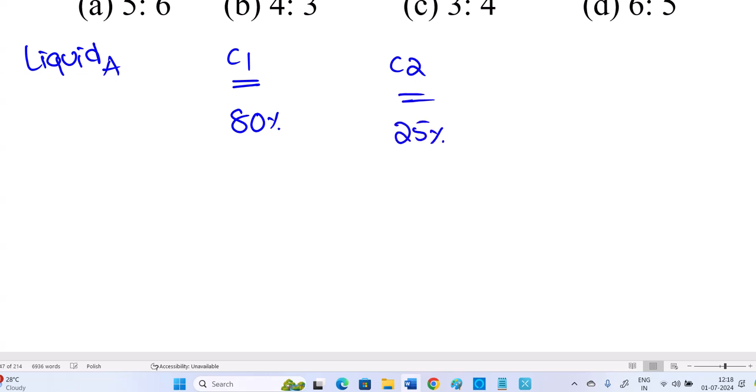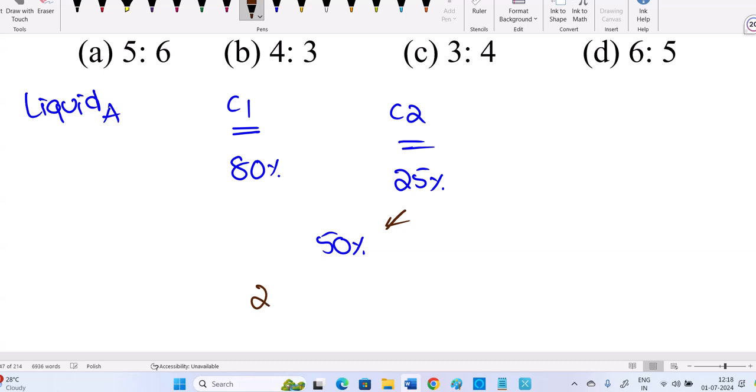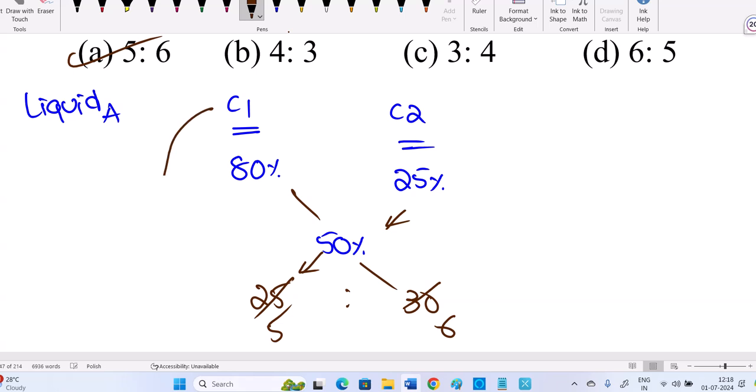Mixed one, 50%. Take the difference, put it on the opposite side, and complete the question. What is the difference here? 25. Here the difference is 30, which is 5 is to 6. Container 1 and container 2 are mixed in 5 is to 6 ratio.